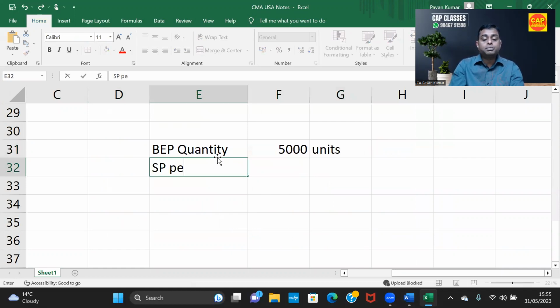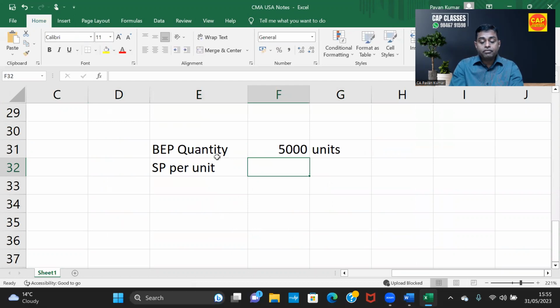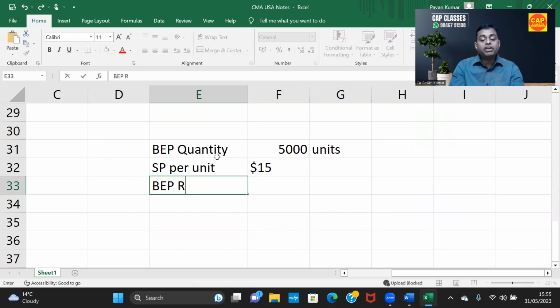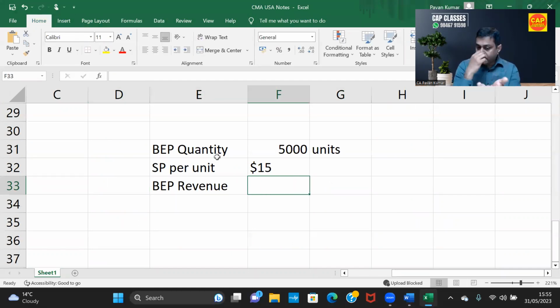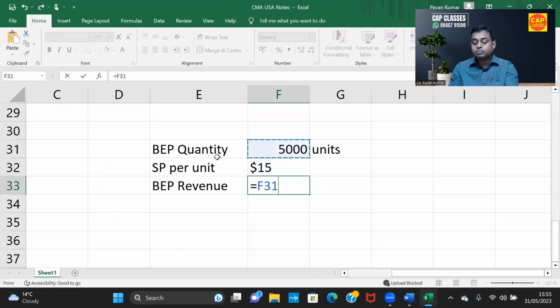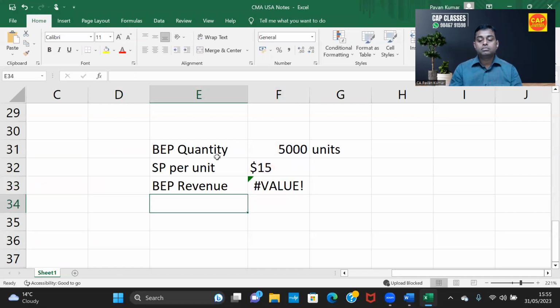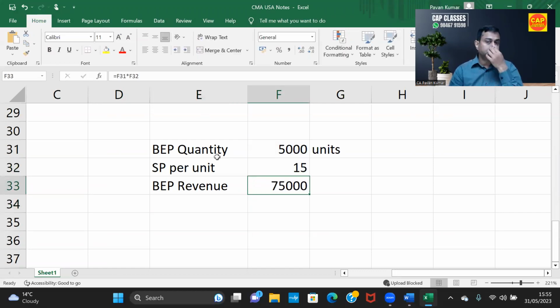Now selling price per unit is $15. Now you tell me break-even point revenue, dollar revenue. Simple, 5,000 into 15, no? 75,000.